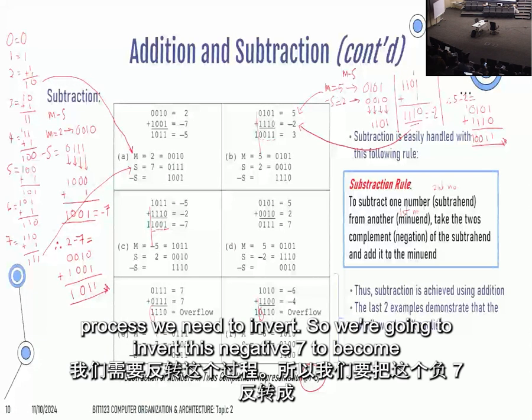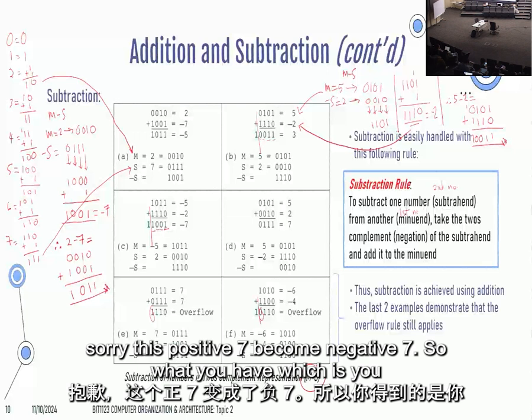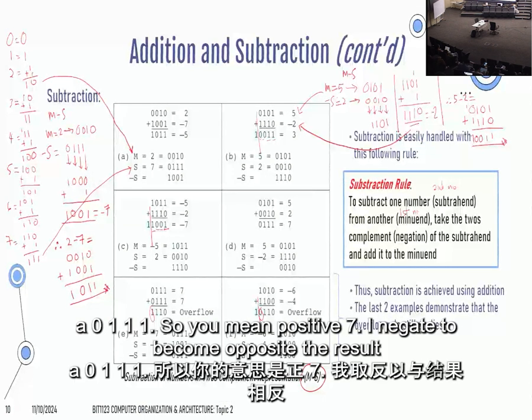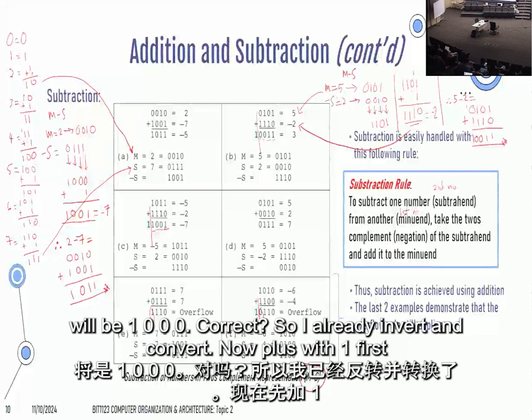So this positive 7 becomes negative 7. For 4-bit, look near the number 4 here, we have 0, 1, 1, 1, which means positive 7. I negate it to become the opposite. The result will be 1, 0, 0, 0. Correct?